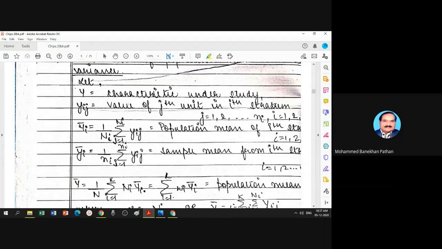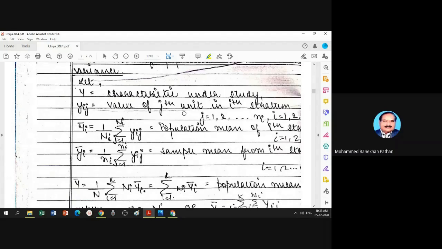If you take the example of those students, all the students are divided into 4 strata. So if I say Y11, what will be the interpretation? It is the height of the student from the first stratum, first student. What is Y12? Height of the student from the first stratum, second student.